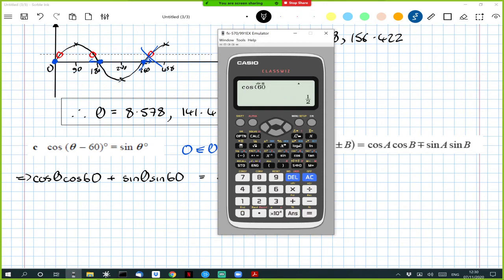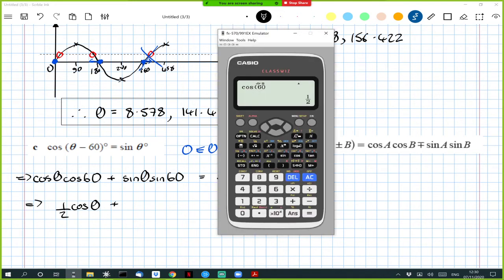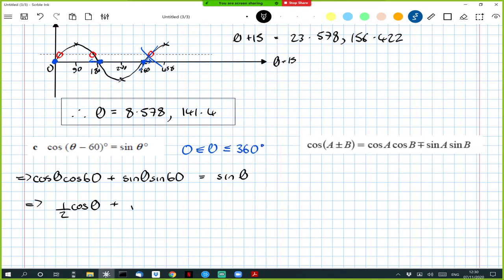Cos of 60 is 1/2, which means 1/2 cos θ plus sin 60, root 3 over 2 sin θ, equals sin θ. So notice I've got a mixture of sines and cosines there.